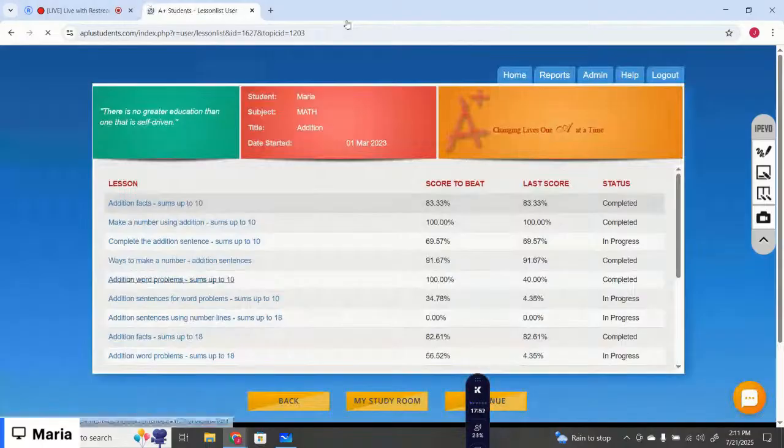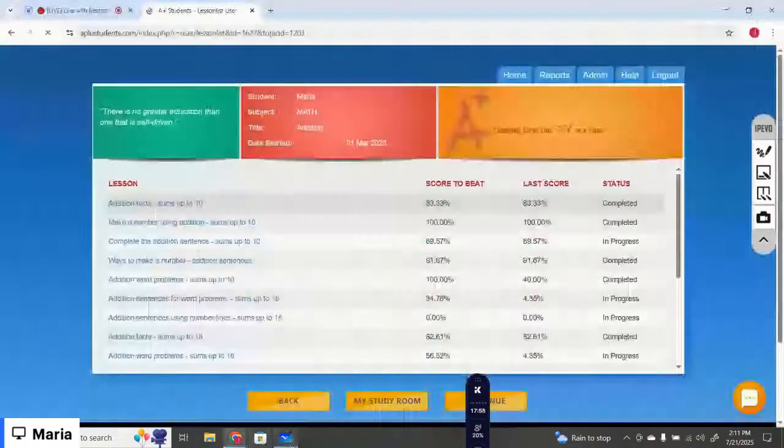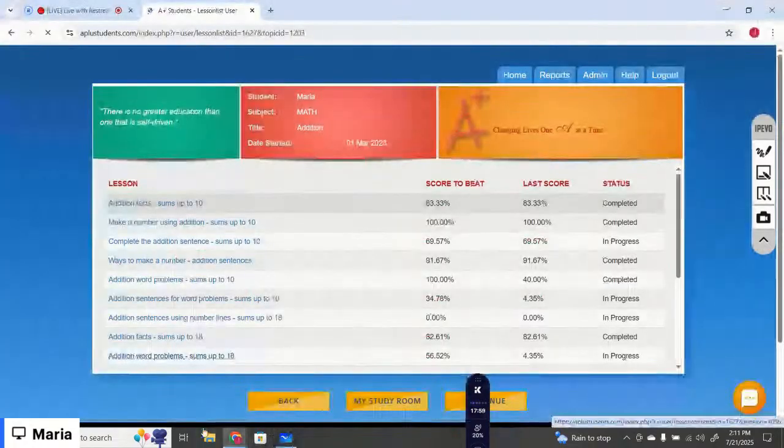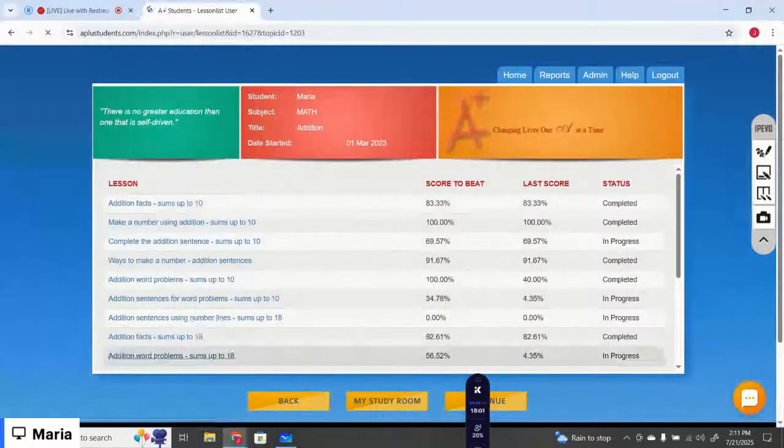The next one is addition word problem sums to 18.